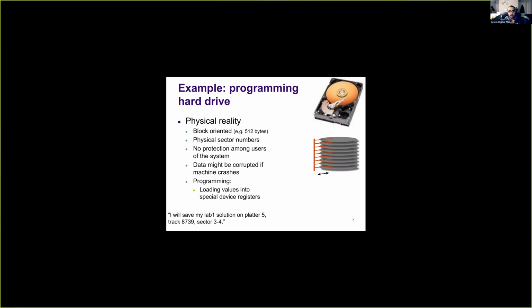For instance, if I have to store, for instance, my lab one solution, the way I can store is I need to say the platter number, track number, and also sector number. This is very tedious.